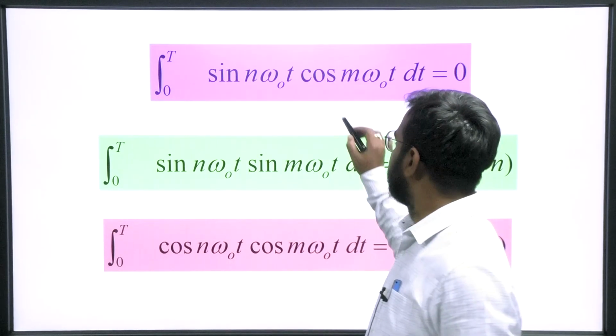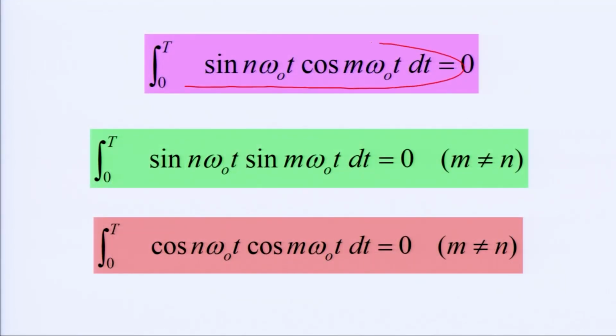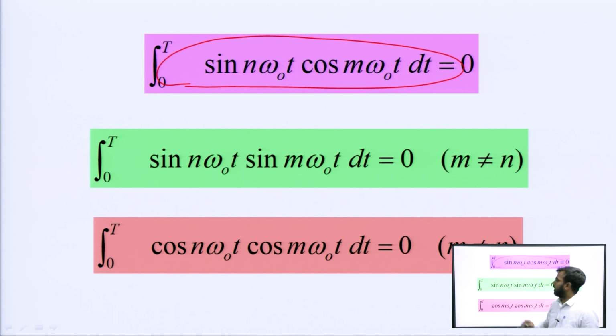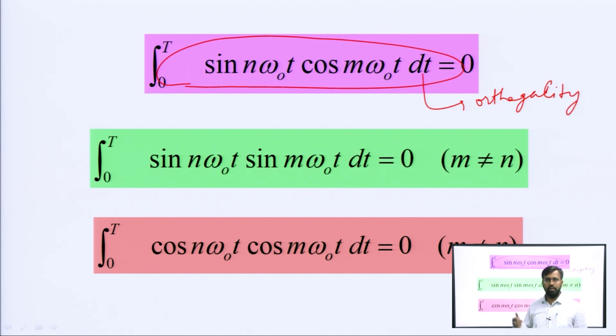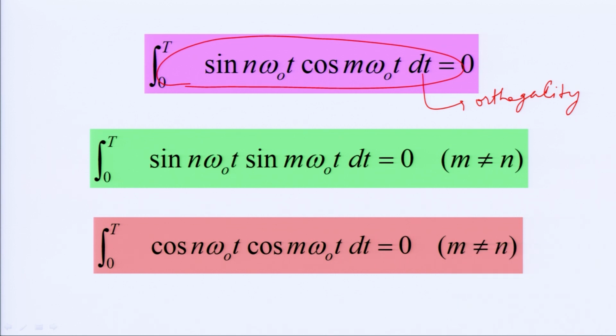Again, this is one more. This is a condition: the integration of sin into cos dt is equal to 0. This is what I was telling you about orthogonal signals. This is basically a property of orthogonality. If the product of two functions, two signals, comes to 0, both are called orthogonal.